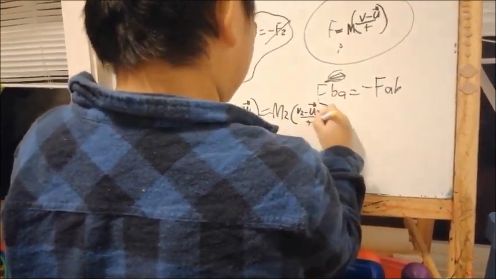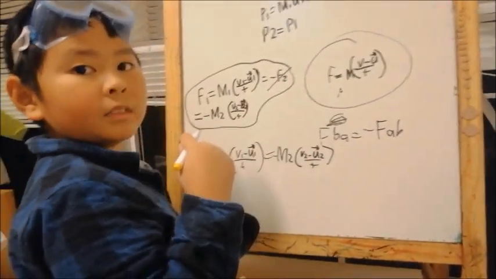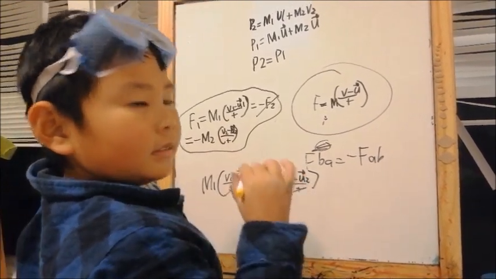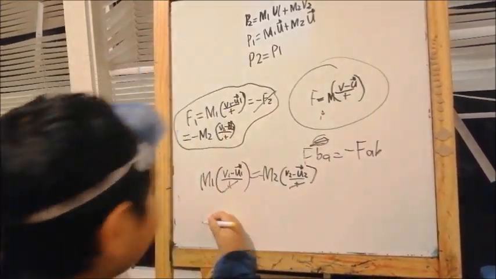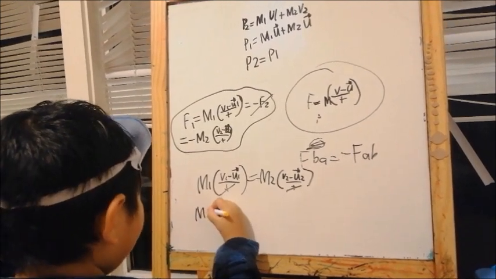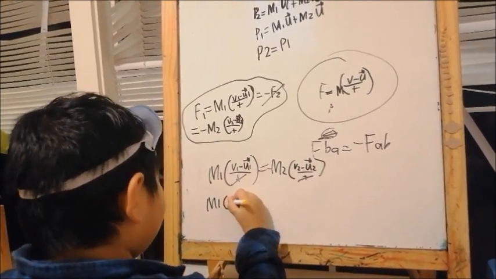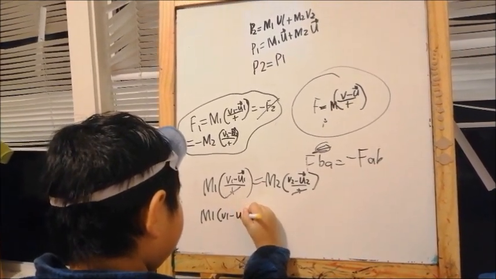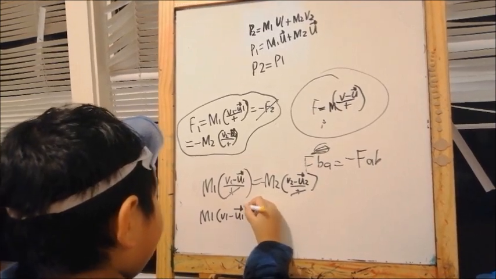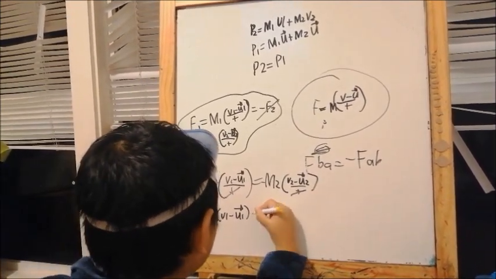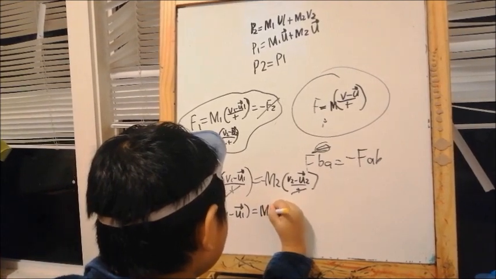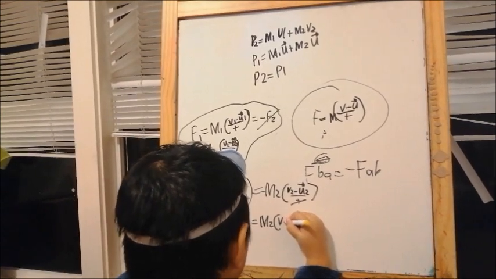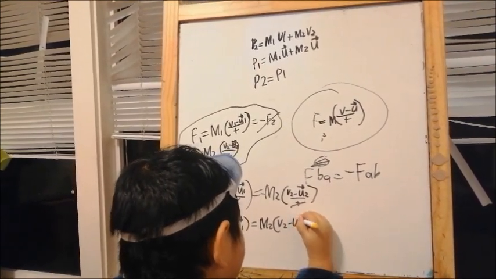Over time. Well, they're both multiplied by the time, so we can get rid of the time, and what's left here is M1 V1 minus U1 equals M2 V2 minus U2.